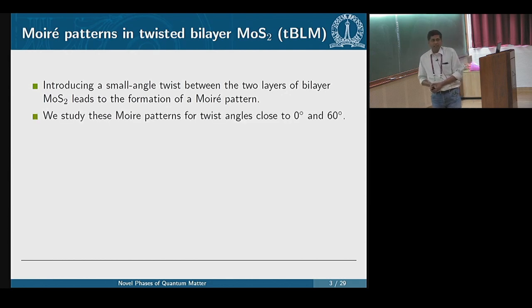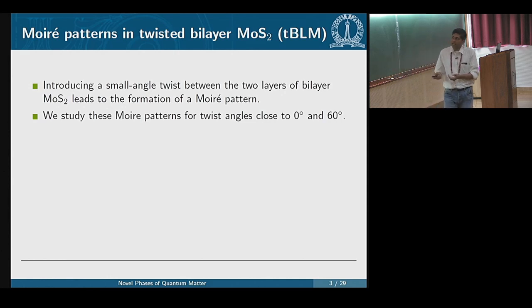Now, unlike in graphene, where if you twist by an angle close to 0 degrees or close to 60 degrees, the two are the same, in these systems, because the sublattice symmetry is broken, you actually get different structures if the angle is close to 0 or close to 60.